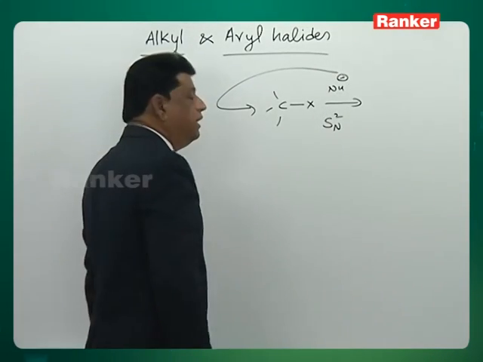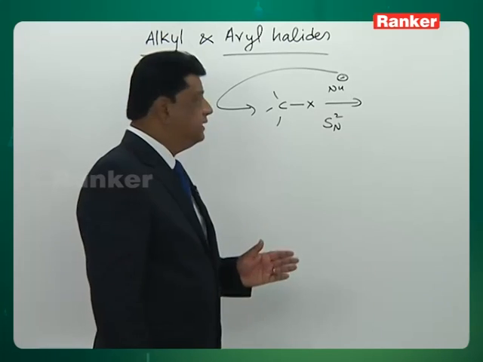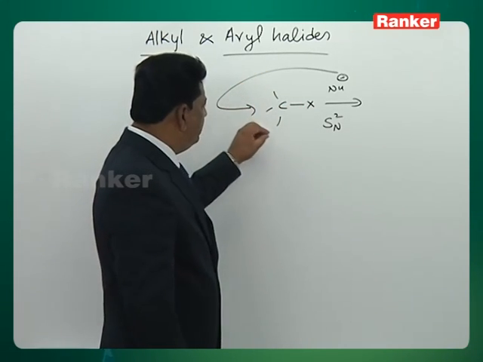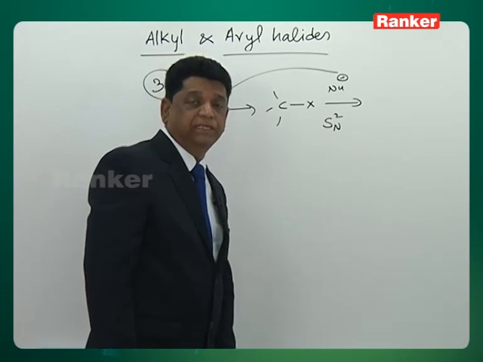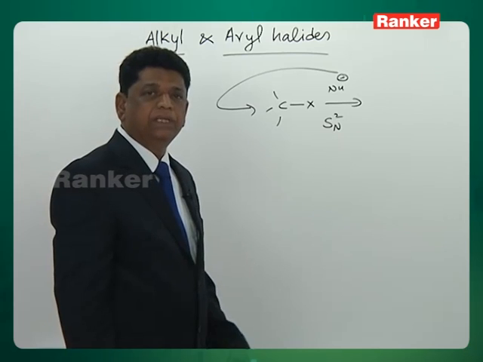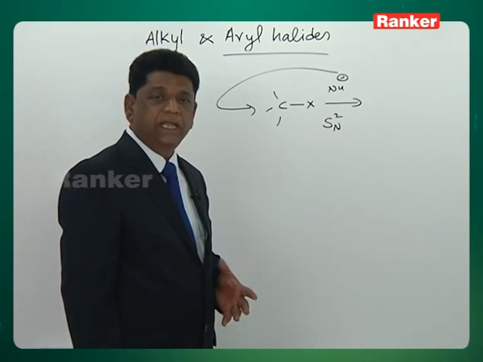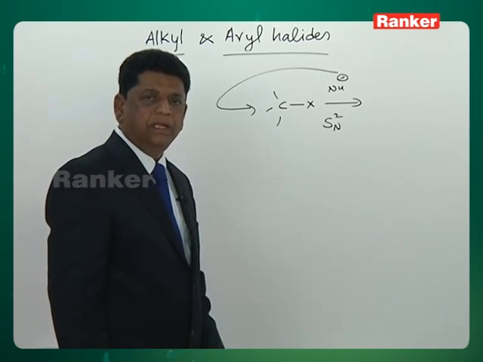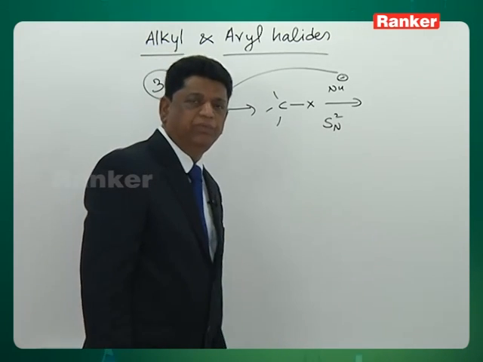In an SN2 reaction, the nucleophile comes from the rear side of the leaving X group, and if the groups are smaller, the reaction will be faster. That means primary will be faster than secondary, over tertiary. As it becomes tertiary, the SN1 reaction is encouraged, and SN2 reaction almost ceases if it is tertiary.